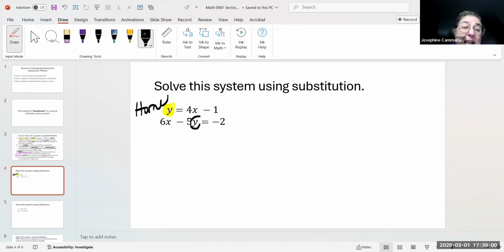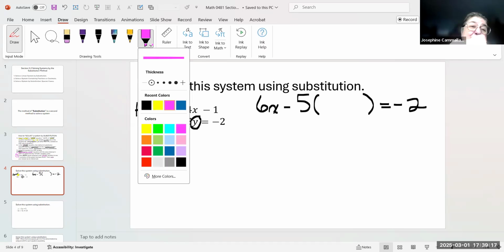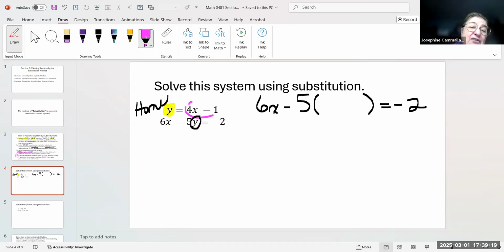Well, now I'm going to take the second equation. And you see where this y is? I am going to rewrite that equation. But where that y is behind the 5, I'm going to put a parentheses. And what I'm going to do is I'm going to now take this 4x minus 1 and put it right here.